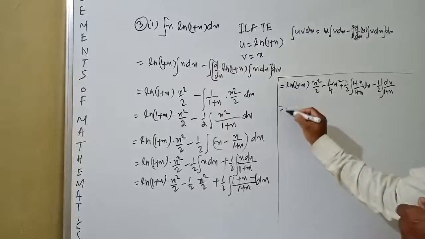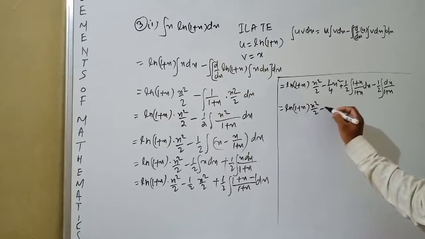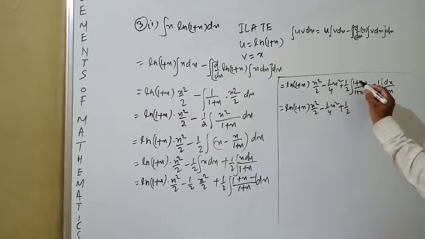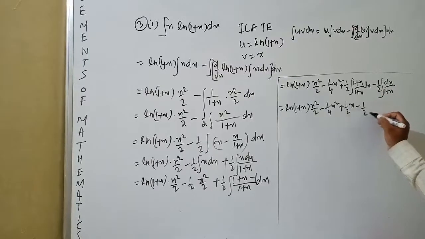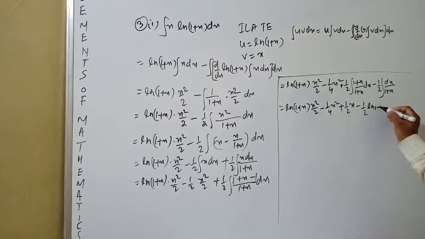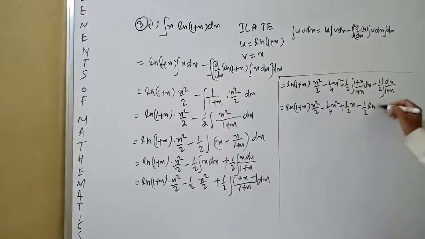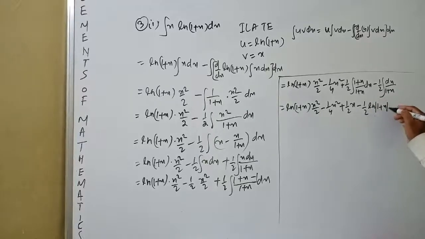This is equal to ln(1 plus x) times x square by 2, minus 1 by 4 x square, plus 1 by 2, with (1 plus x) cancelling out, integration of dx is x, minus 1 by 2 ln(1 plus x), plus c.